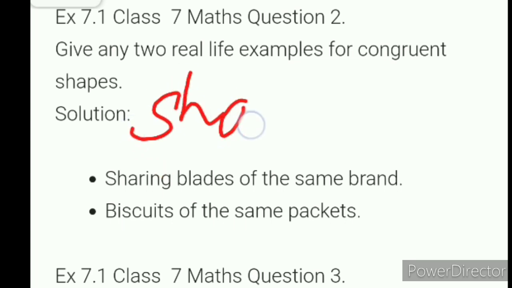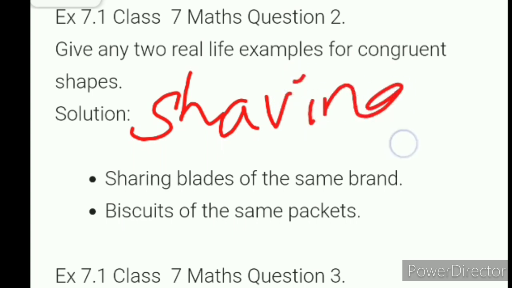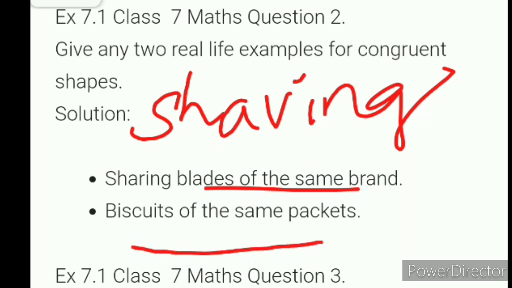Shaving blades of the same brand. Second one, biscuits of the same packet. Okay, we can write many examples: A4 sheets, pages in the same textbook, etc. Okay, let's copy down. Question 2 example.